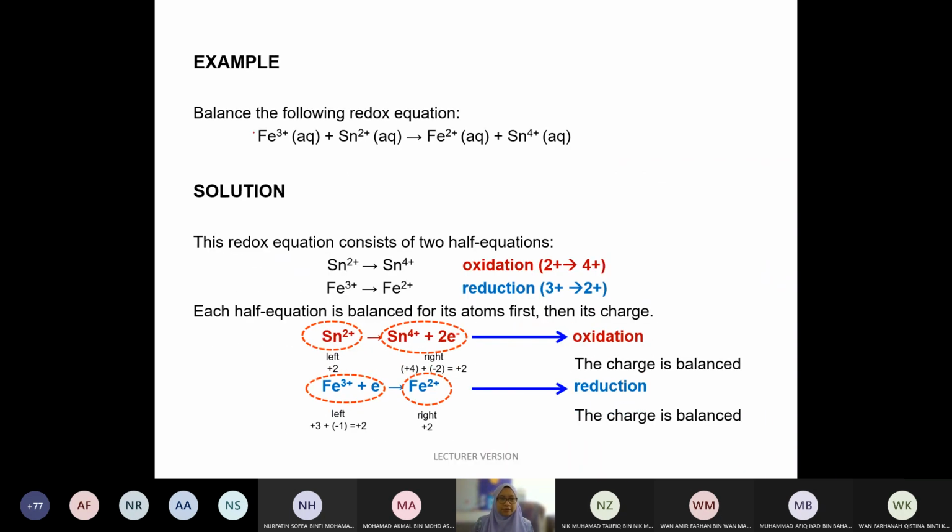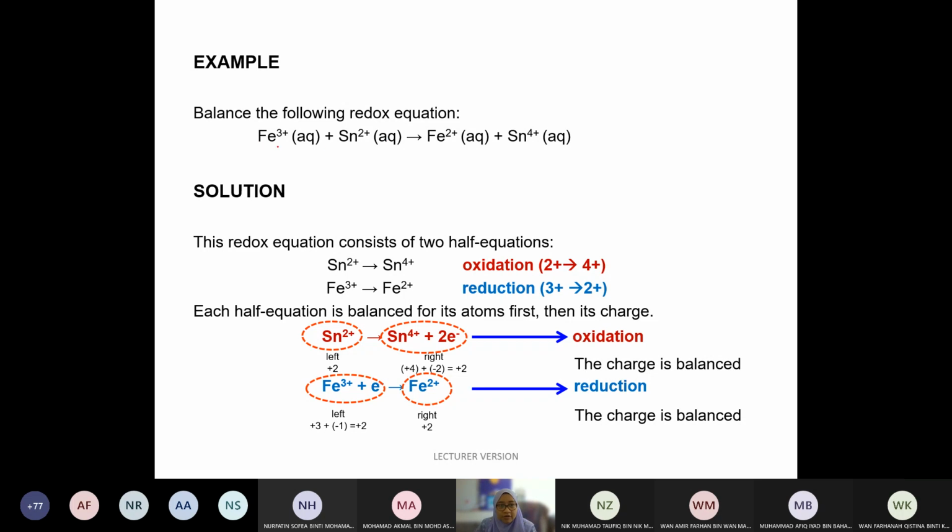Let's look at the example. Balance the following redox equation. This is a general equation, not even specified whether acidic or basic. This is before that, to balance the normal equation involving redox. So how do you balance this redox equation?